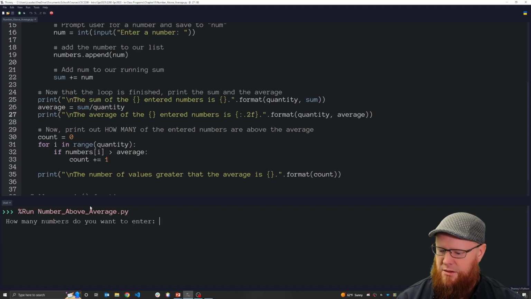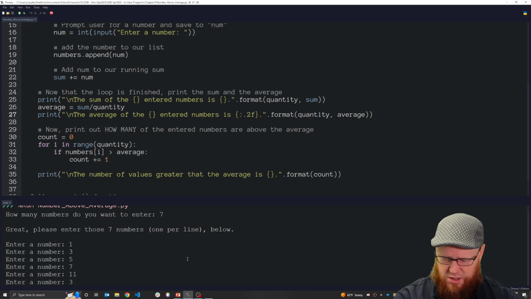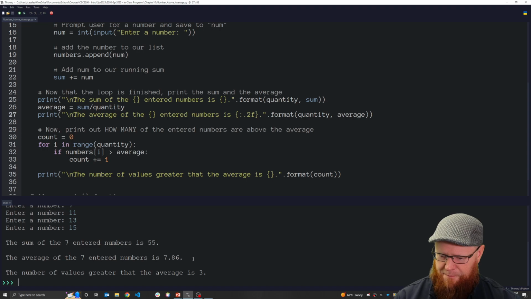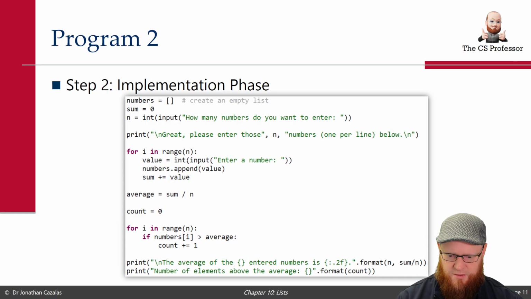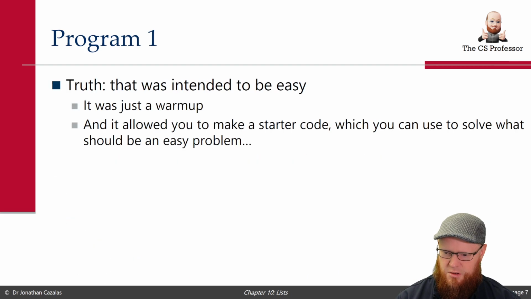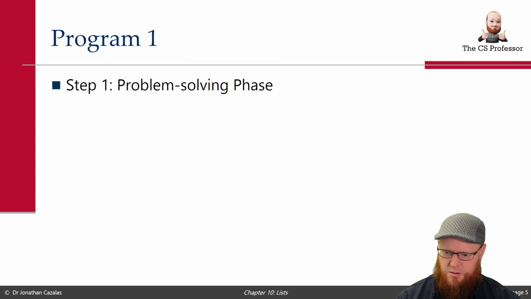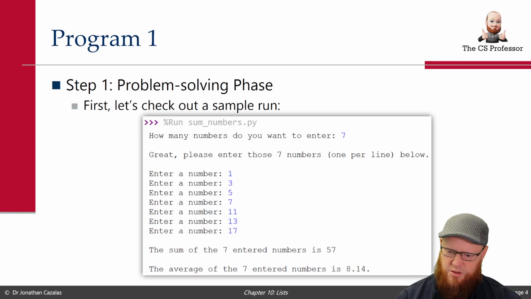Run this again. 7, 1, 3, 5, 7, 11, 13, and 15. The average is 7.86. I feel that's a different number than we had before. What was the average? What did I do wrong?